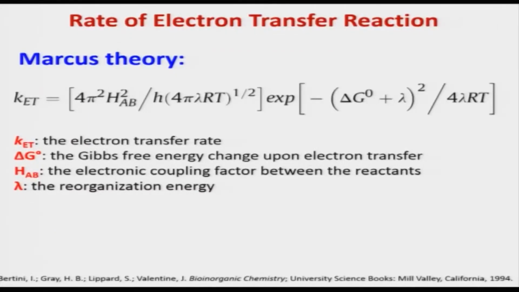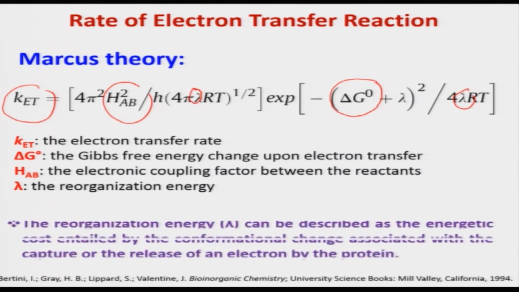Now, let us talk a little bit about the rate of electron transfer. As you all know, in Marcus theory, this is the expression for k_ET, the electron transfer rate, which is related to H_AB, the electronic coupling between the reactants. It also depends on delta G0, the Gibbs free energy change upon electron transfer, and one very important factor called lambda, the reorganization energy.